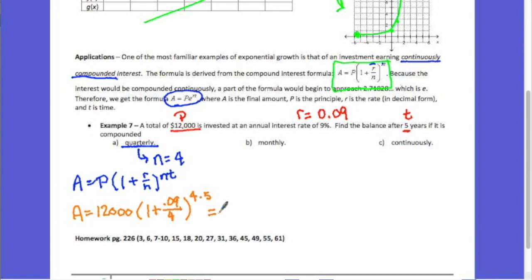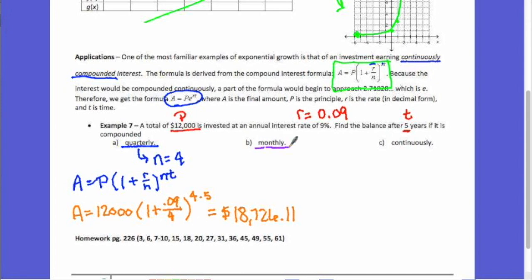Okay, so when we go through and calculate all of that, I don't have that value sitting right here in front of me. I have to take a look. We should have $18,726.11, so 11 cents, right, after 5 years.